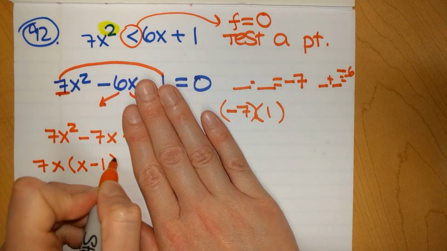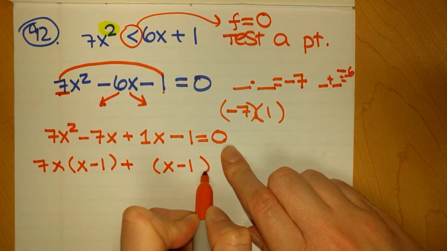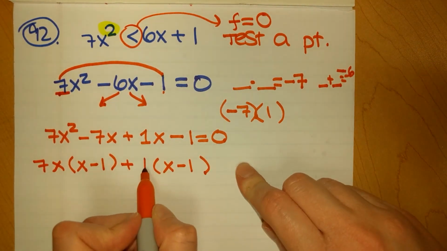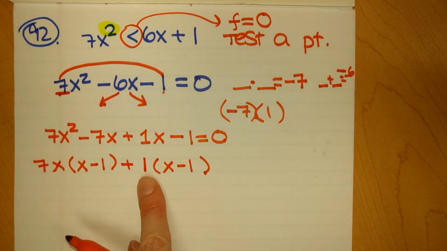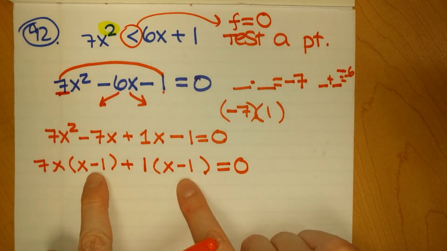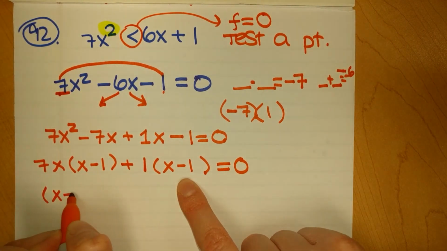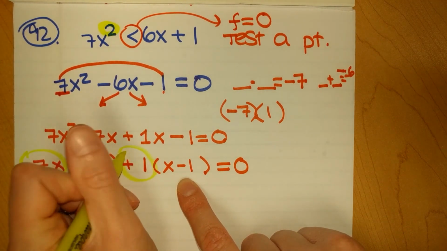That leaves me with x minus 1. From the last two, I need to get an x minus 1. I already have that, so I need to put a placeholder 1 so that I do in fact have a term to bring out when I am left over with this x minus 1. So I have my x minus 1s that are common to both, so I bring those out, and I have left over 7x and a +1.